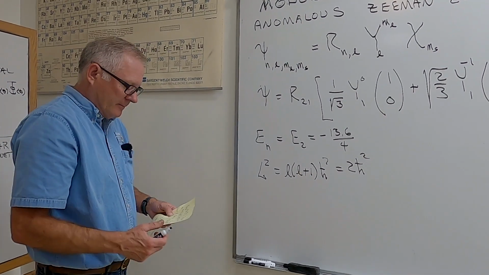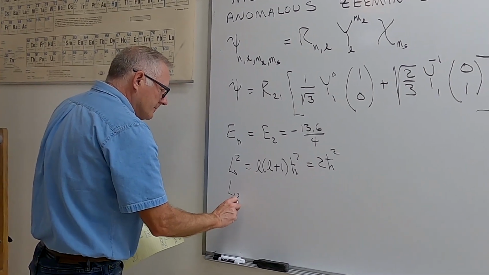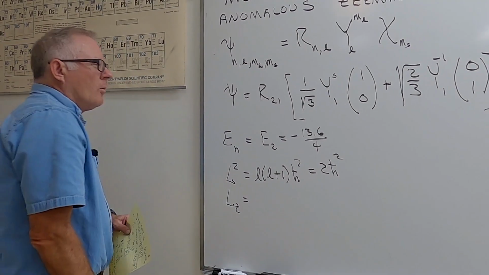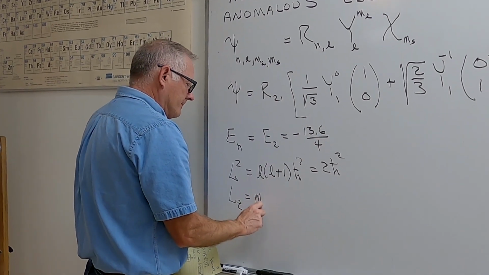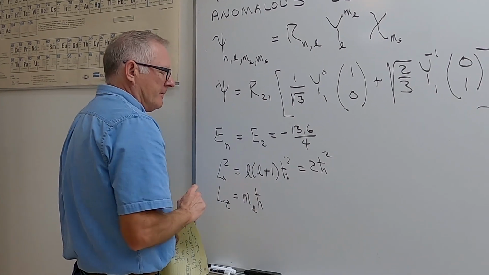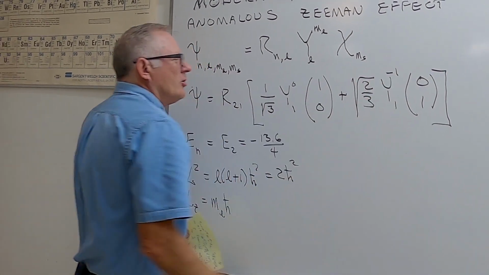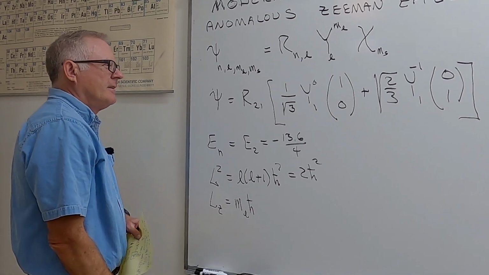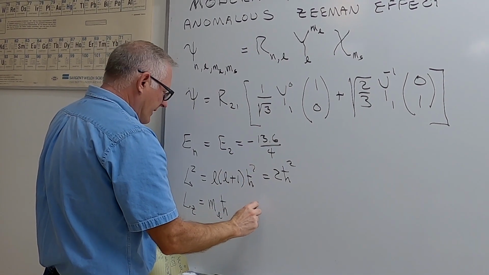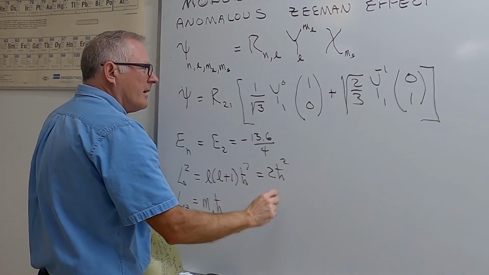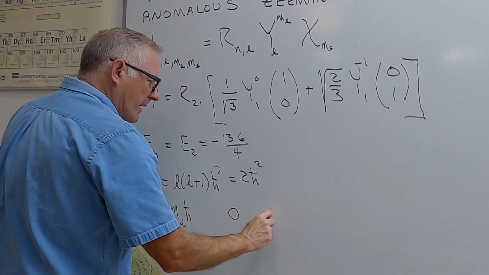What about L sub z? Well, L sub z is m sub l h bar. That's just this number up here, and it looks like it can be two different values. It could be 0 h bar, or it could be minus h bar.